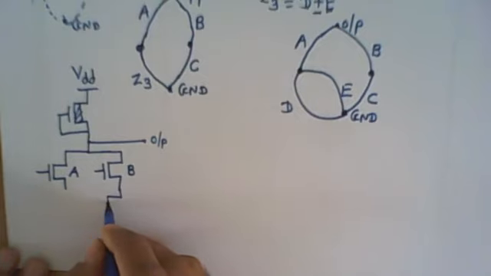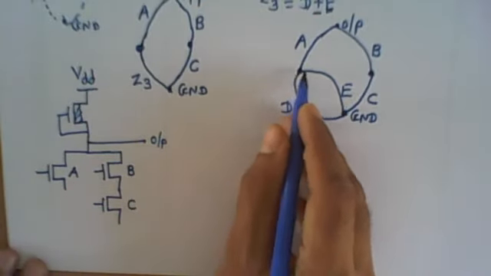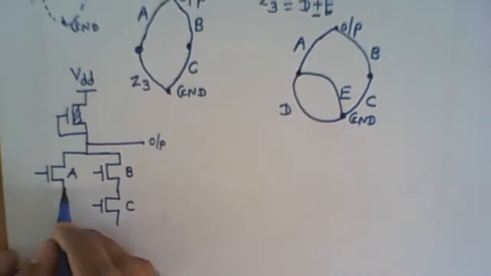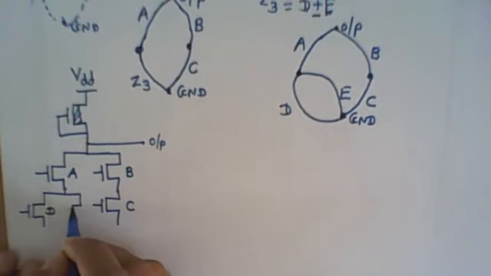So here is driver MOSFET C, and from the node after A, D and E are in parallel. So here there are two parallel MOSFETs, one is the D MOSFET and another is the E MOSFET.